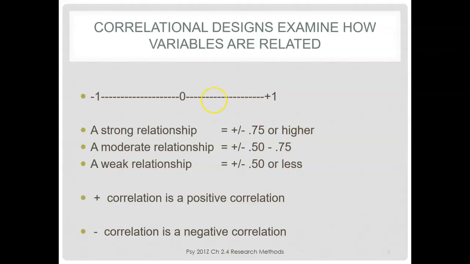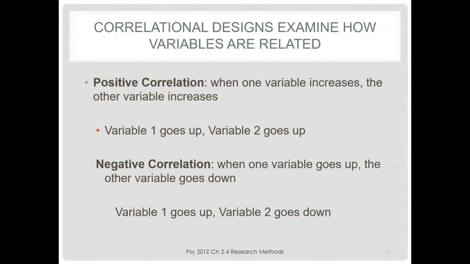noteworthy, I guess. So a positive correlation means that when one variable increases, the other variable increased. A negative correlation means that when one variable increased, the other variable decreased. I'm about to give you examples. So, positive correlation.